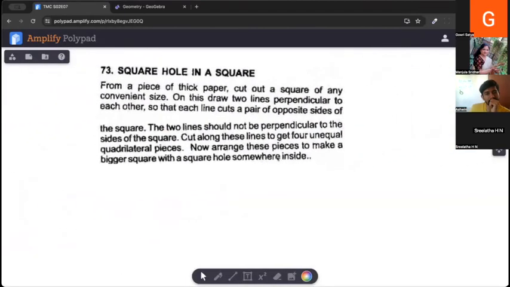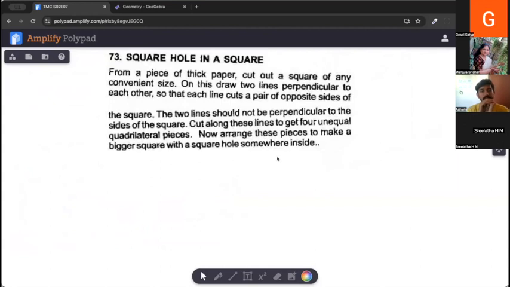This was one more interesting one that I found. On a square, draw any two lines perpendicular to each other, but all the 4 lines should cut the 4 sides. But they should not be perpendicular to the sides.